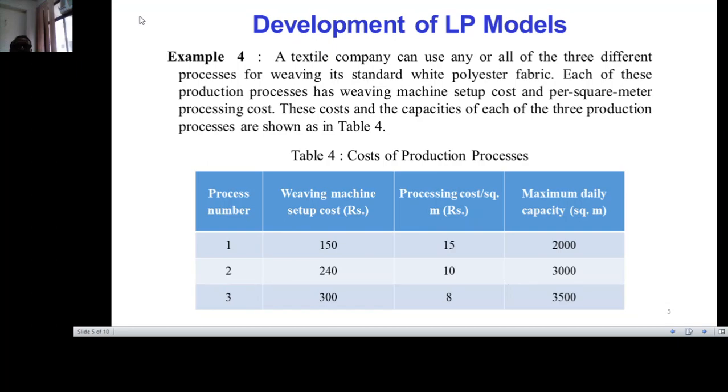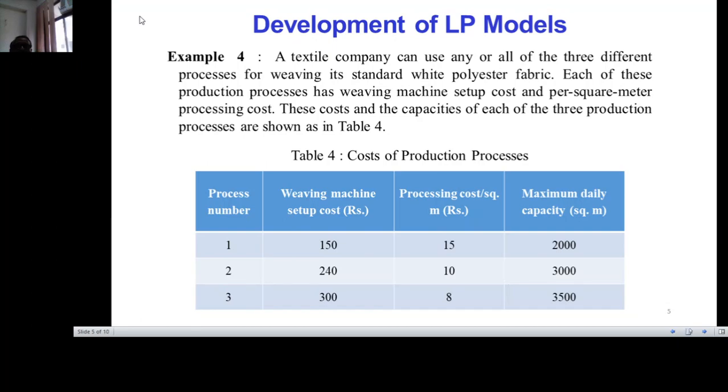So, the objective for minimization of the cost will be 15x1 plus 10x2 plus 8x3 plus 150 y1 plus 240 y2 plus 300 y3. I repeat, y1, y2, y3 will be equal to either 1 or 0. If you are using that process, then it will be 1. So, it will be 150 rupees fixed cost irrespective of the quantity produced by that process, and it will be 0 if you do not use that process for production.